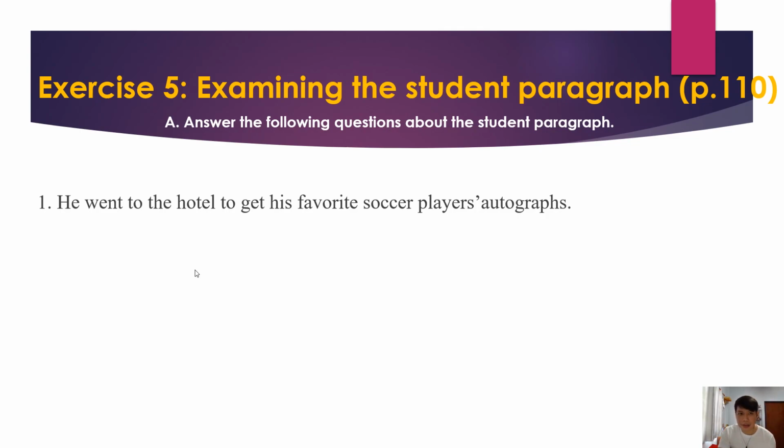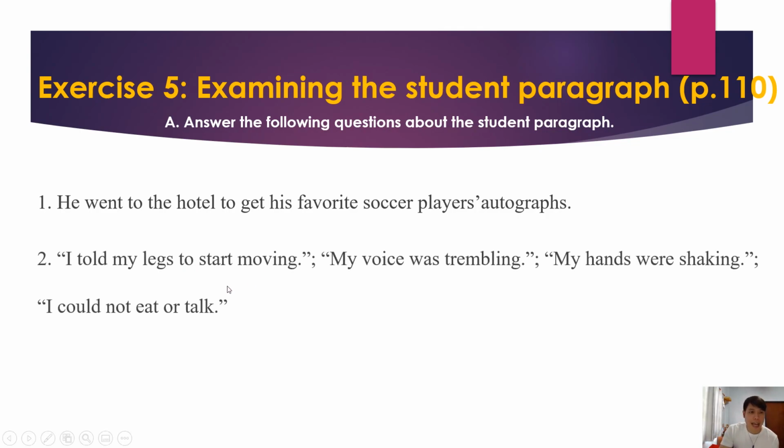The next one: what words does the writer use to show that he was nervous? It's like when you see a ghost, your legs are frozen and you cannot move, but you tell your legs to move. So: "I told my legs to start moving, my voice was trembling, my hands were shaking."